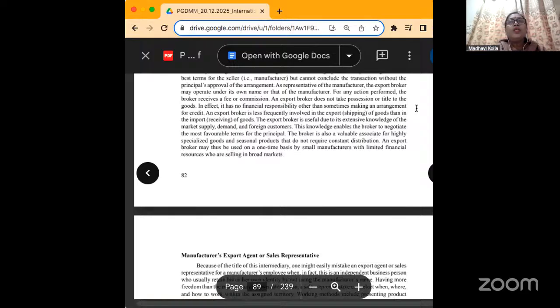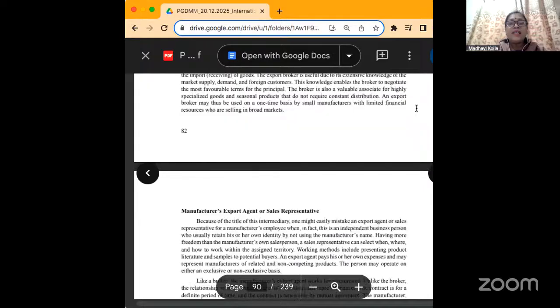And also, an export agent is not so involved in actual shipment of the product. They may help the manufacturer make arrangements. They may connect them to the right people who are able to support logistically. However, they're not actually involved in the shipping process. So, at the end of the day, the agent is considered as a valuable associate for particularly highly specialized goods or seasonal products that do not require constant distribution.